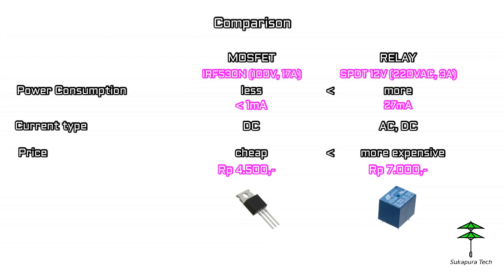For power consumption at the trigger side, with the same load, the MOSFET draws less than 1 mA, and the relay draws up to 27 mA. Now we can see MOSFET is the better choice for battery usage, but MOSFET can only handle DC current, while relay can handle both AC and DC.